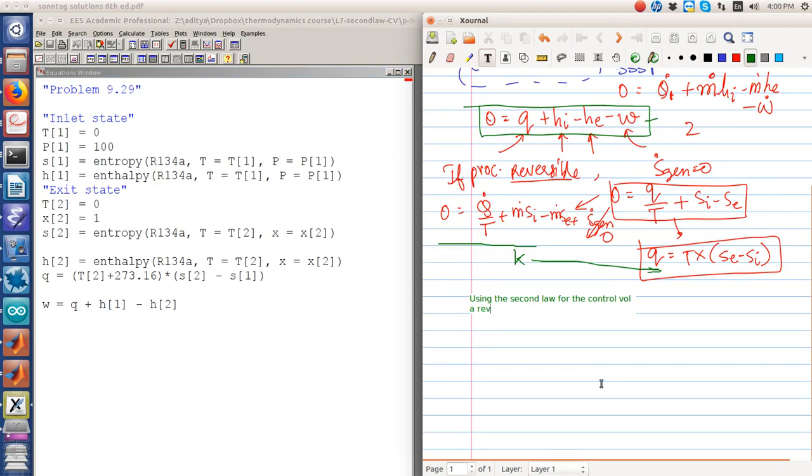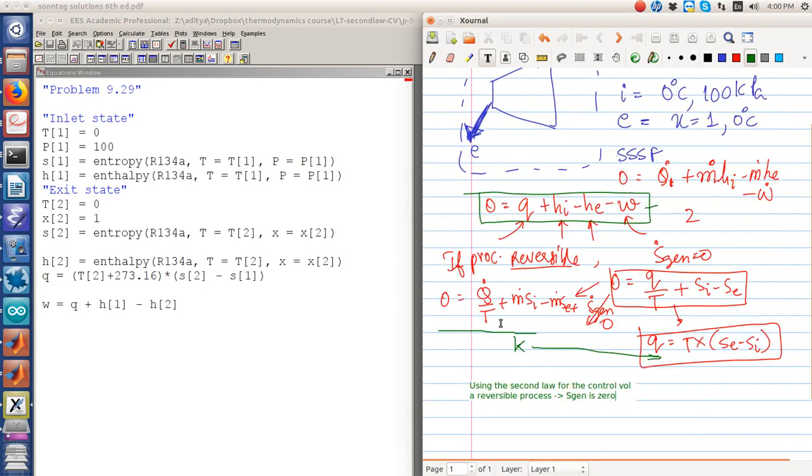A reversible process implies that S_gen is 0. So the change in state from initial to exit state is related to the amount of heat transfer to the system, and because it's an isothermal process, we know what the temperature is. Using this we can find out the heat input. That is the concept. Using the second law we can find out the heat transfer, then using the first law we can find out the work done.